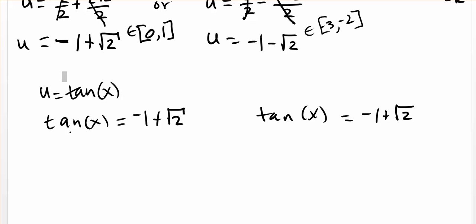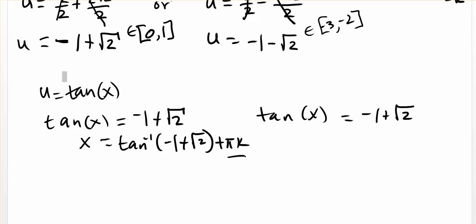So here we can take the inverse tan of both sides, which gives us x is equal to the arctan of negative 1 plus the square root of 2 plus pi k. This means that if you add any integer multiple of pi to this, we'll get another solution, making the original equation true.